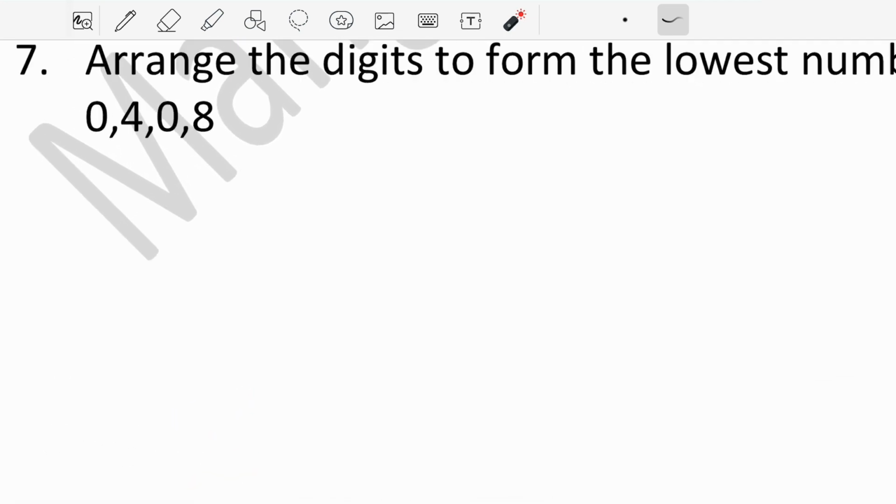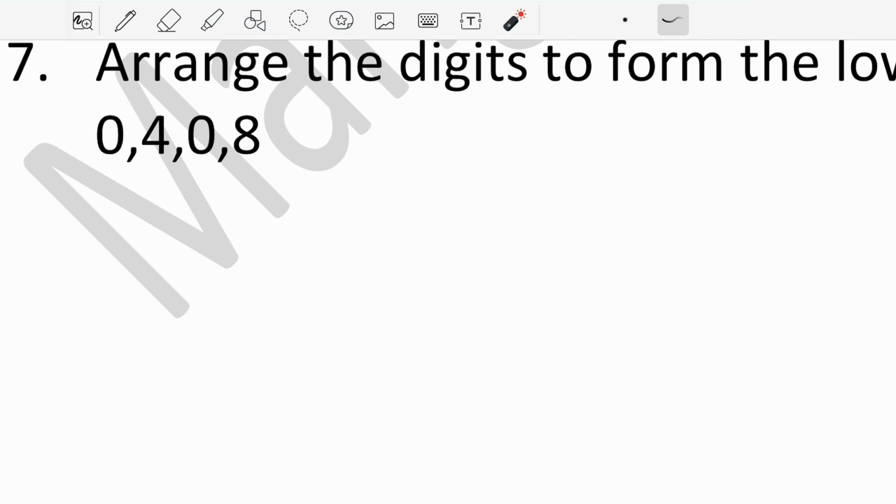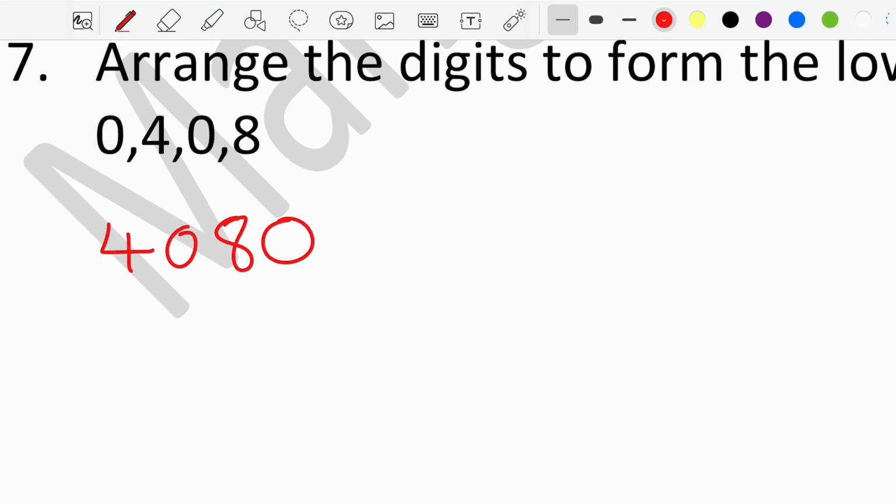Well, it must end with a 5 or a 0. So the possible options would be 4080 or 4800. That's the only two numbers that will end in a 0.